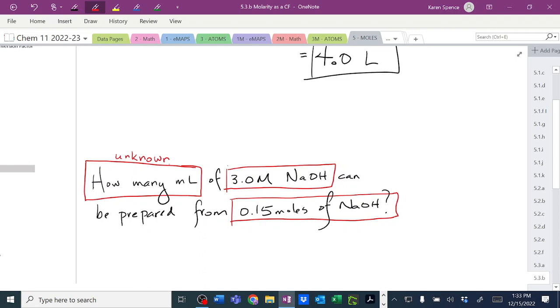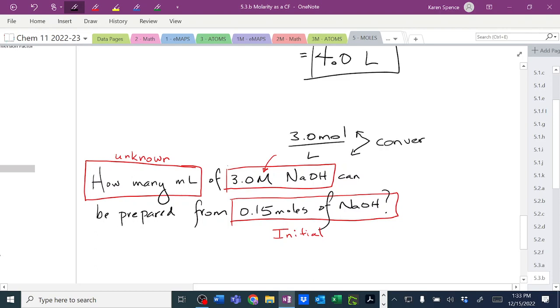Yeah, this is our initial quantity because remember molarity, molar, can always be rewritten as 3.0 moles per liter, which is a very nice conversion factor that converts between moles and liters. Okay, so that's our conversion factor.